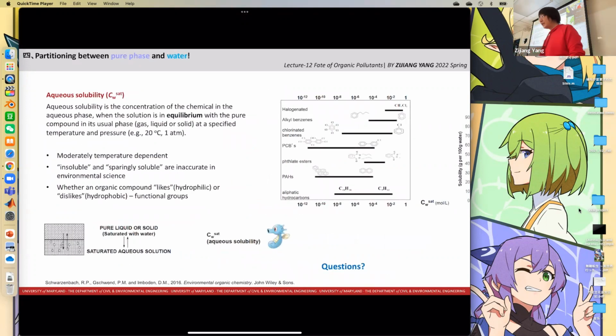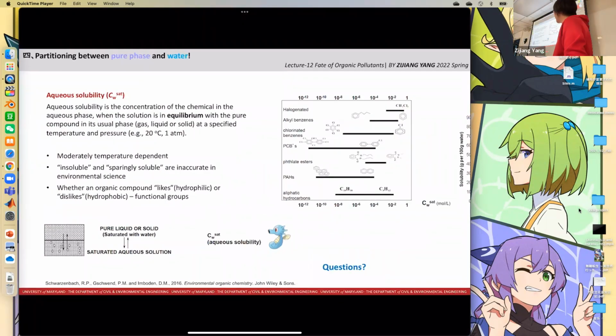Okay. The next one is about aqueous solubility. Sometimes we use ACE to specify it, but to be more accurate, we can use CWSAT. This describes the partitioning between the pure phase and the water phase.